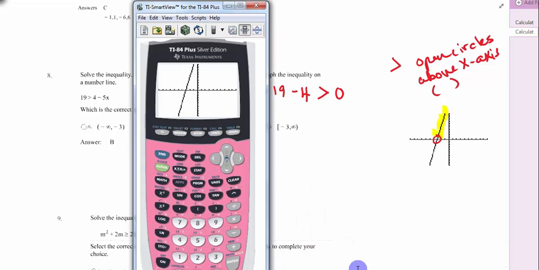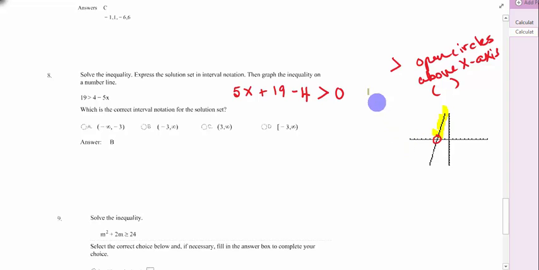So we go back to our calculator and we find that point of intersection. Second calc 5, 1, 2, 3. And that's at -3. So here on my paper, I'm going to say, well, that's x equals -3. My solution starts at -3 and goes forever. So -3 to infinity.